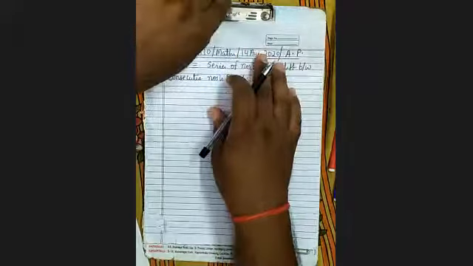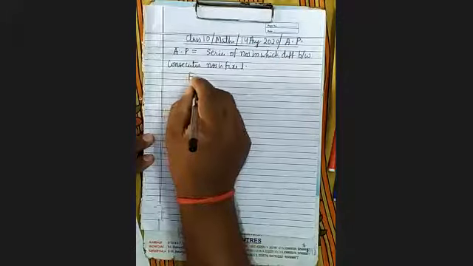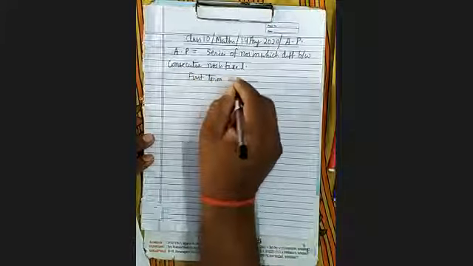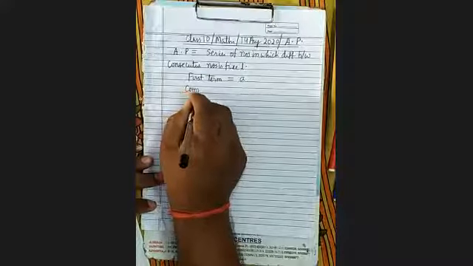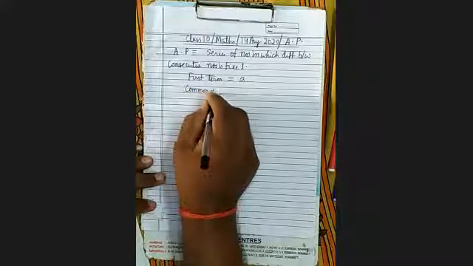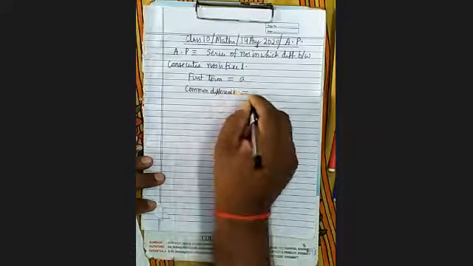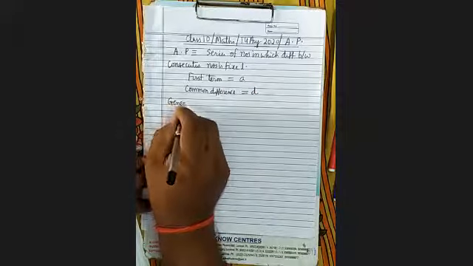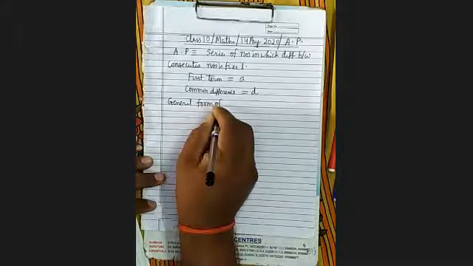It's clear. Now, first term of AP denoted by which symbol? By A. Common difference denoted by D. This is the general form of an AP.